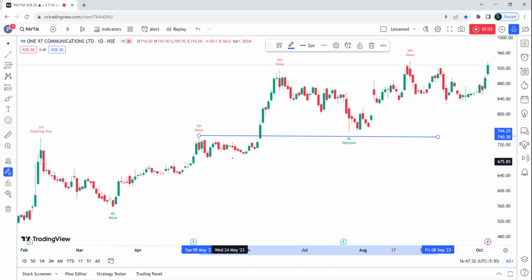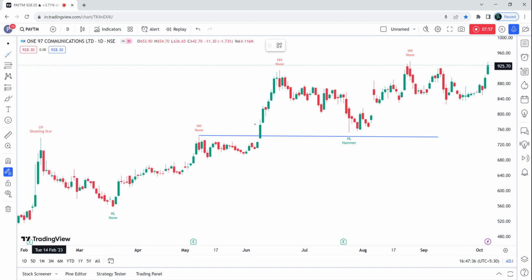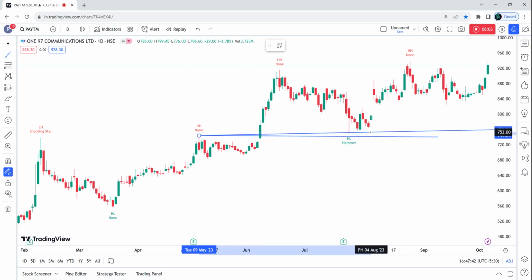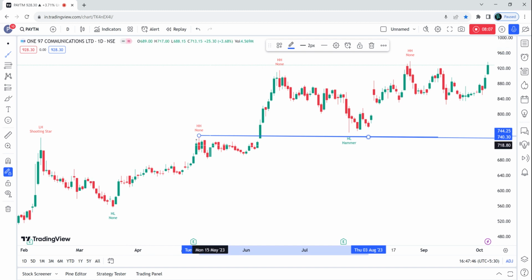This particular movement is indicating that there's a possibility of some support at this level, and surprisingly, you can see that the market just reversed from above this horizontal line and then started moving up.